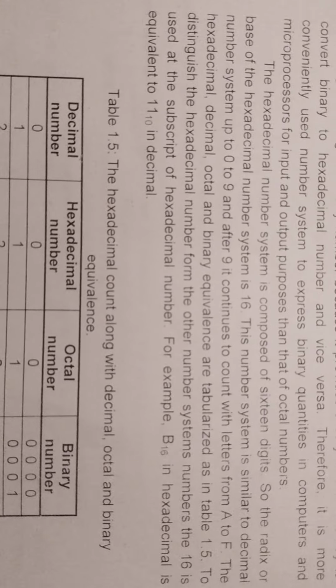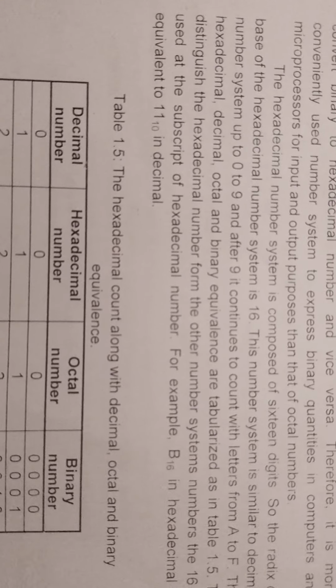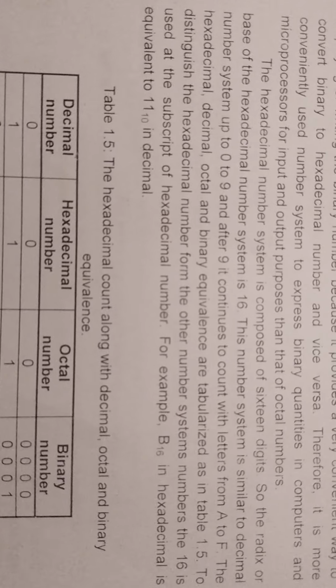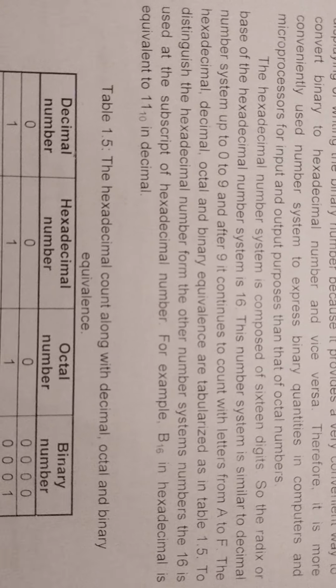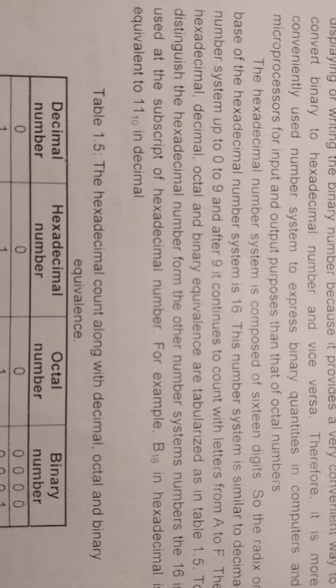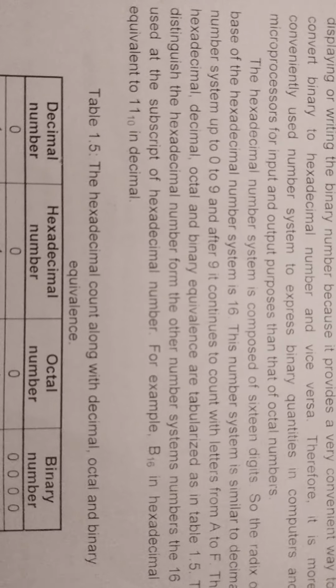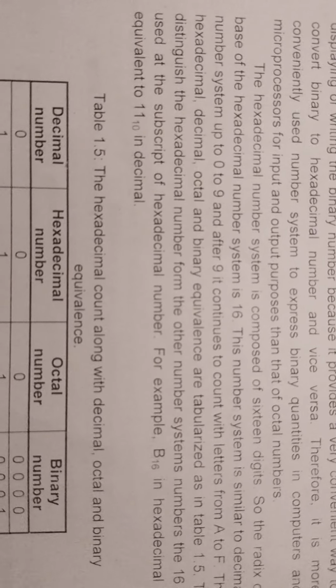So the hexadecimal number system consists of 16 digits, and the radix or base of the hexadecimal number system is 16. Okay, this is asked as an MCQ question. The base or radix of the hexadecimal number system is 16, because this system consists of 16 digits.